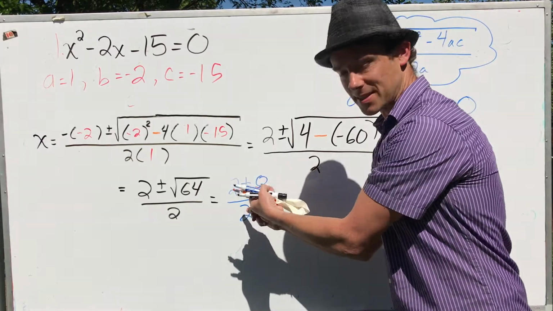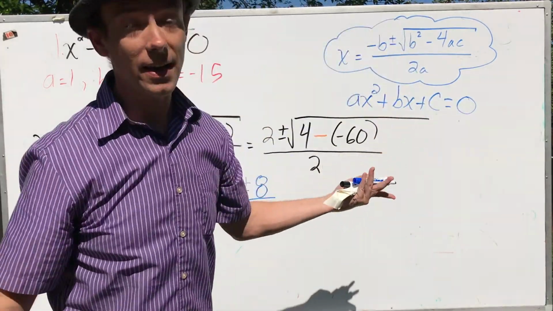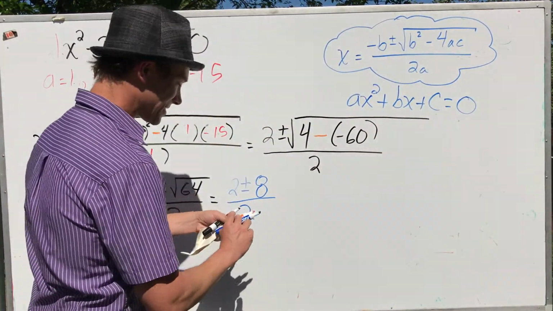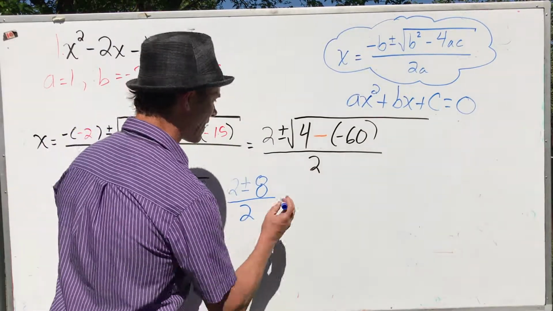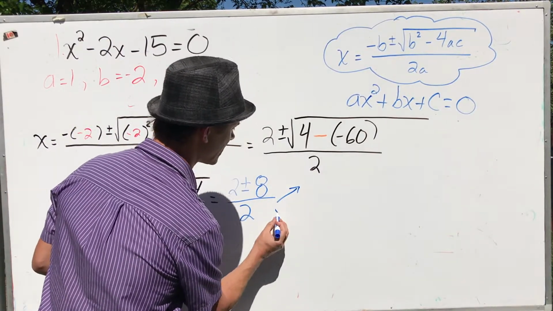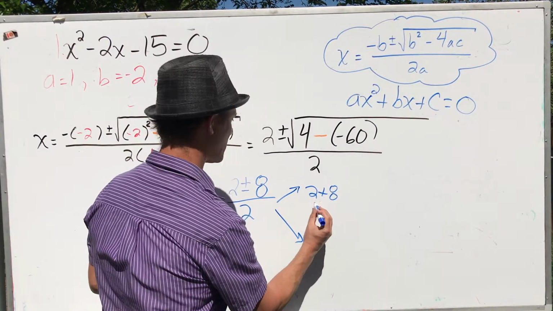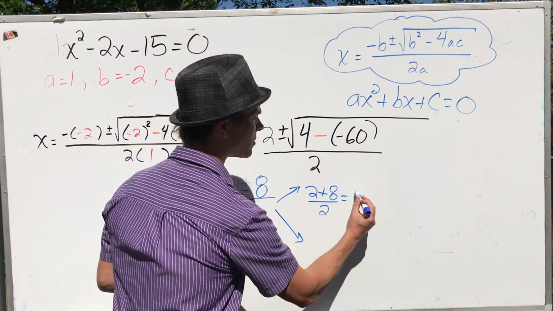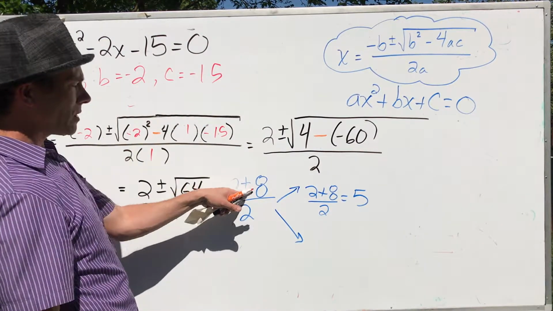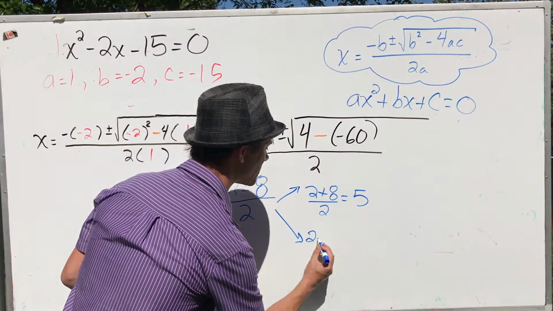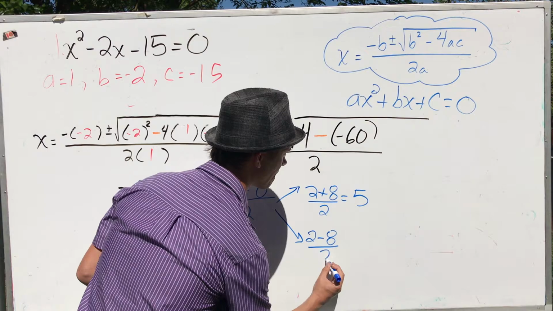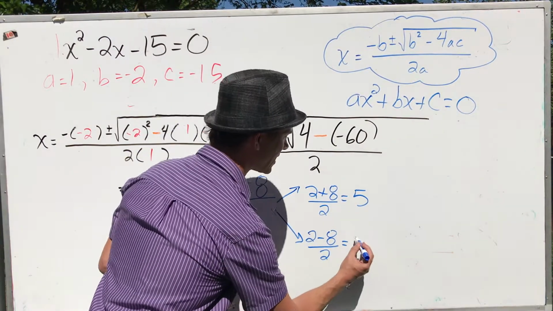We've got the plus and the minus, right? So I'm going to go with kind of arrows. So let's do an arrow up and an arrow down. So we have one that's 2 plus 8 divided by 2, which is 5. And then we have 2 minus 8 divided by 2, which is -3.